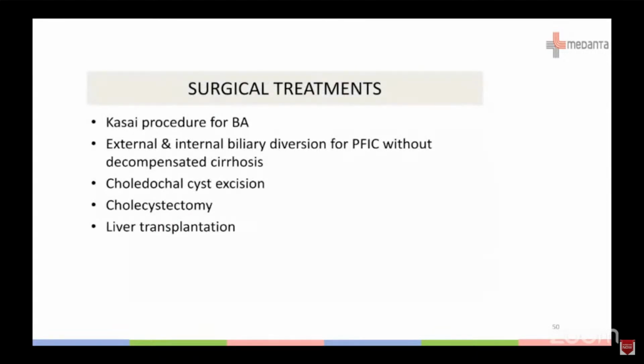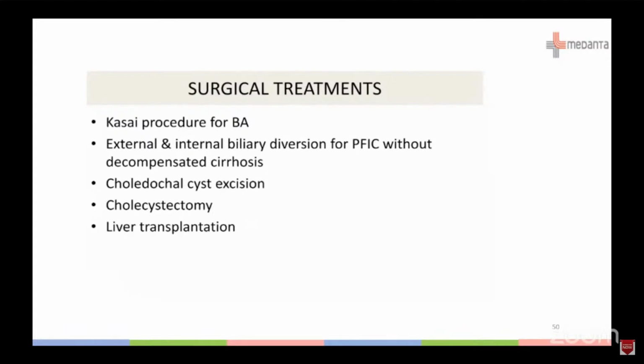The definitive management is surgical, like I have already highlighted: Kasai portoenterostomy for biliary atresia, external and internal biliary diversion for progressive familial intrahepatic cholestasis without any decompensated cirrhosis features, and excision of the choledochal cyst.